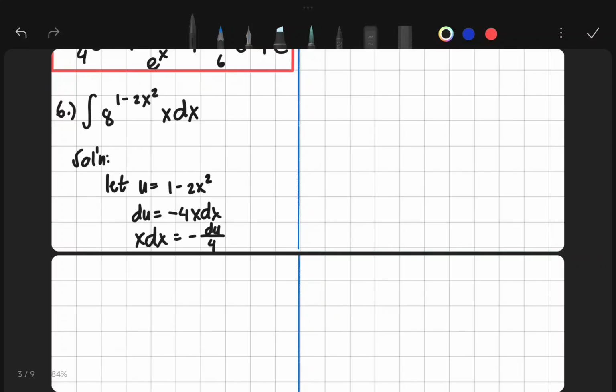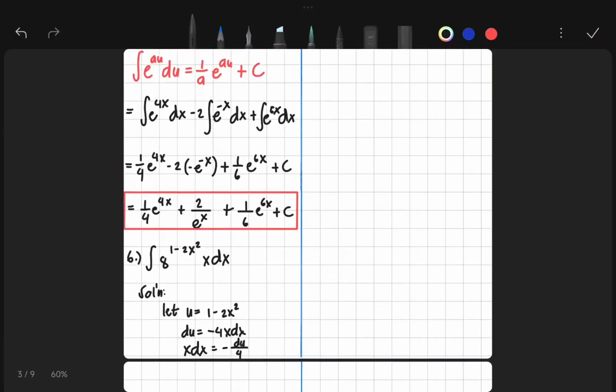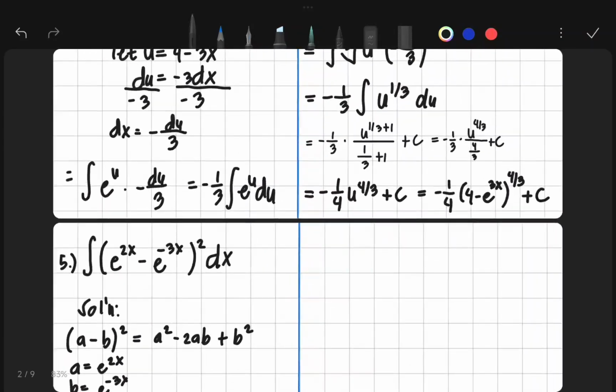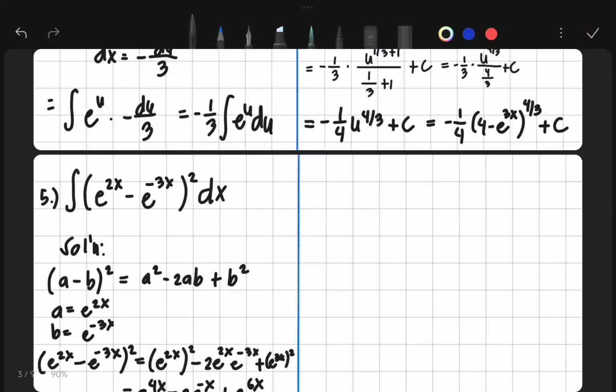Next, let us rewrite this in terms of u. So this will become negative 1/4, which is the constant earlier, times the integral of 8 raised to u du.